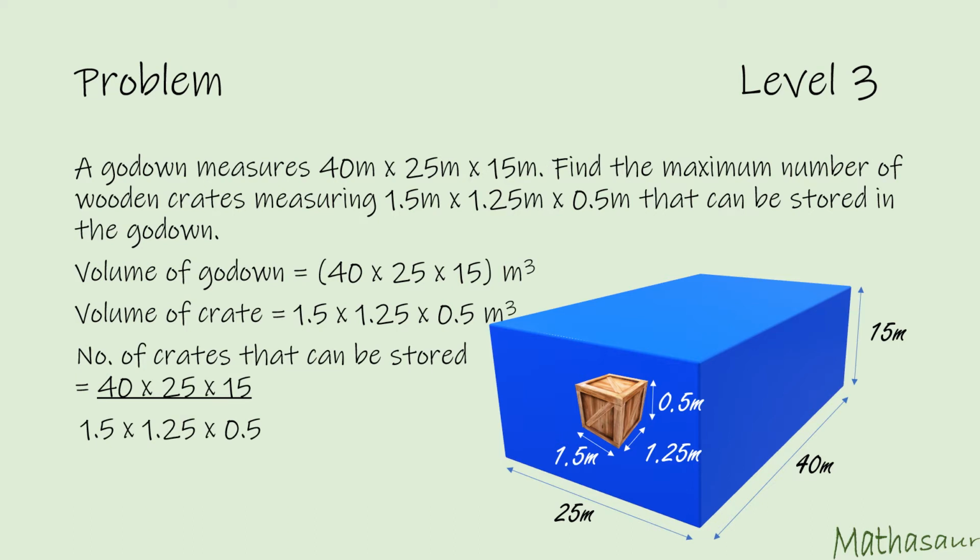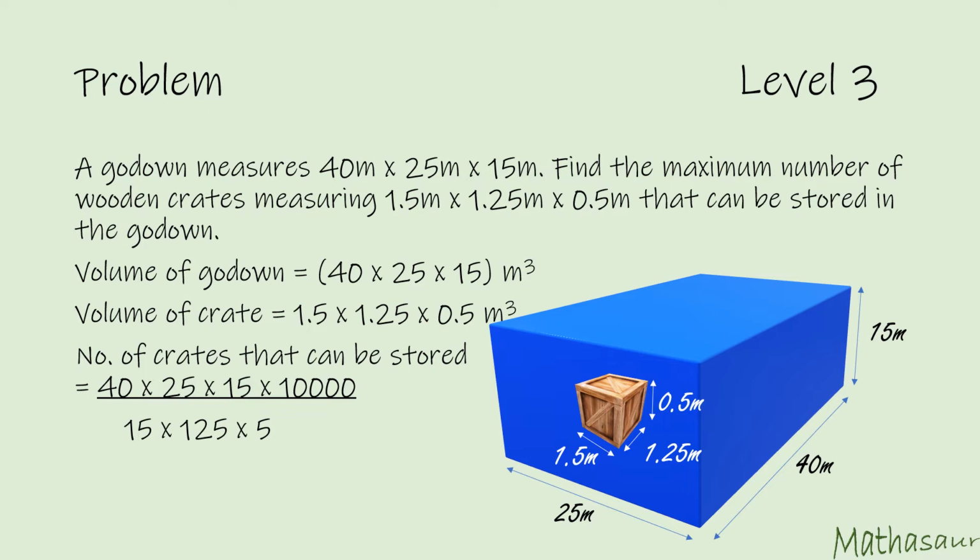Let us substitute the values. Let us count the decimal places in the denominator. 1, 2, 3, 4. Now let us remove the decimals and multiply by as many tens in the numerator.